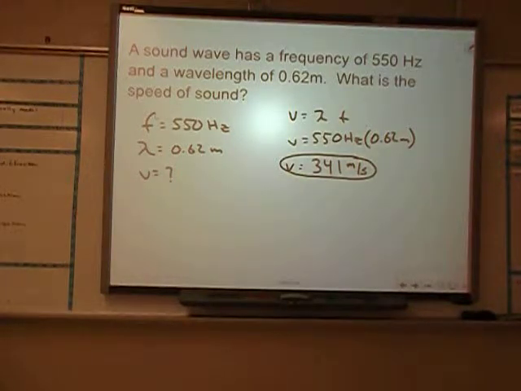You can also have two different things that measure time in seconds: periods, capital T, and time, lowercase t, in terms of how long it takes a wave to get from one place to another. So multiple things use the same units, and you can't just look at the numbers and units to figure out what's what. You have to read the question and find it from the context and the wording.